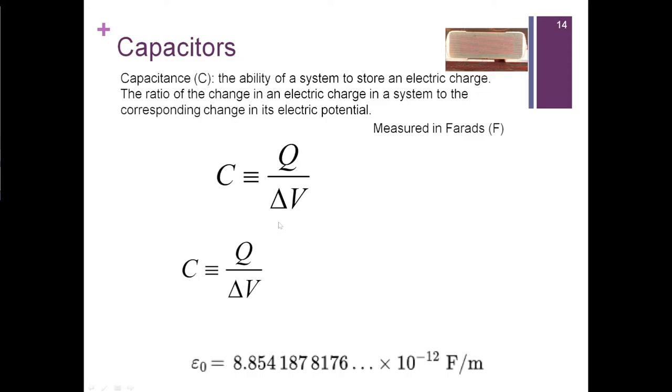If you just hook one single capacitor up to a battery, let's see if I can actually make a quick circuit diagram for that. So this is going to be a very quick diagram. This is hypothetically the simplest capacitor circuit that you can build.